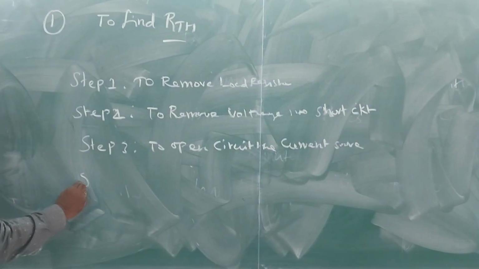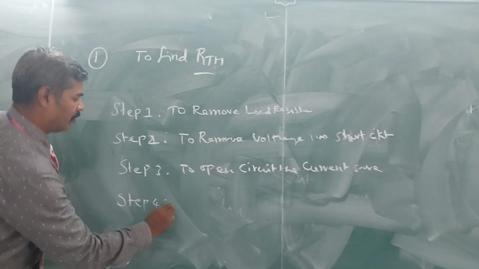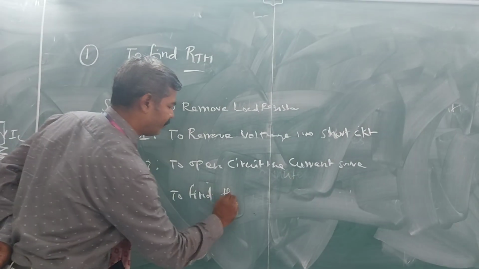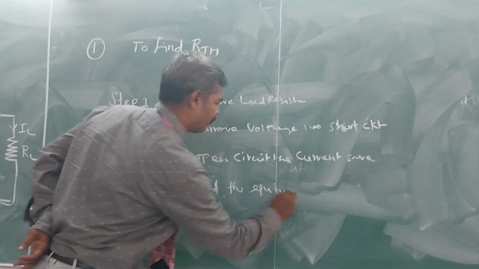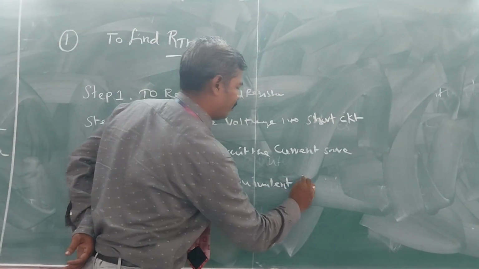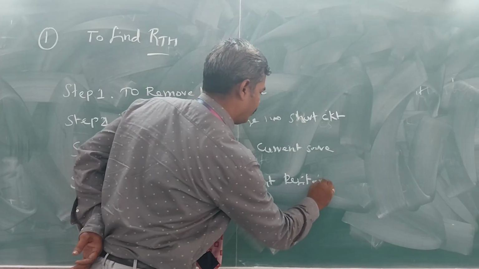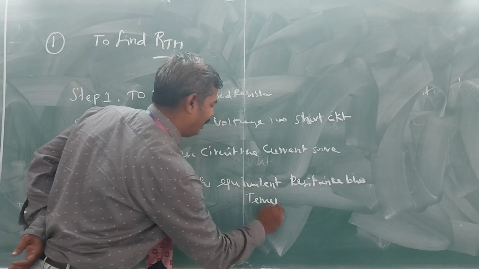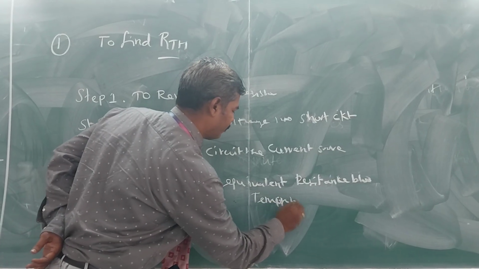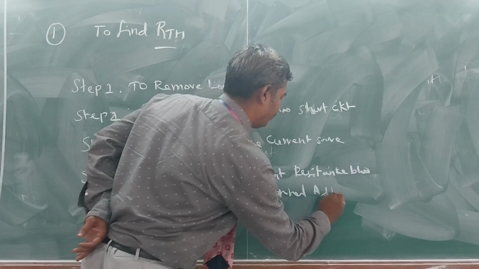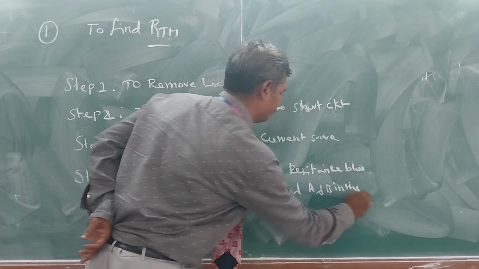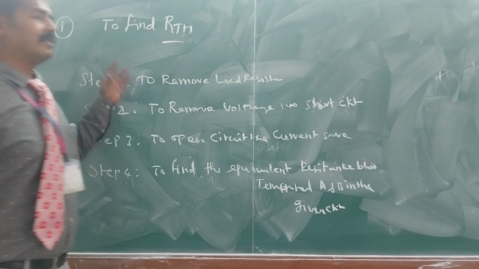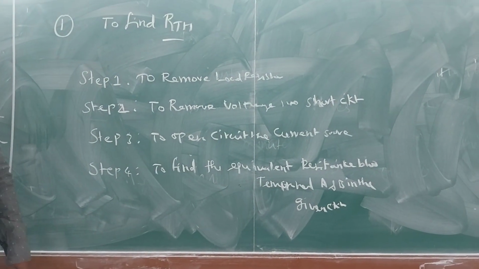And step 4 is to find the equivalent resistance between terminals A and B in the given circuit. These are the steps involved to find the Thevenin resistance.